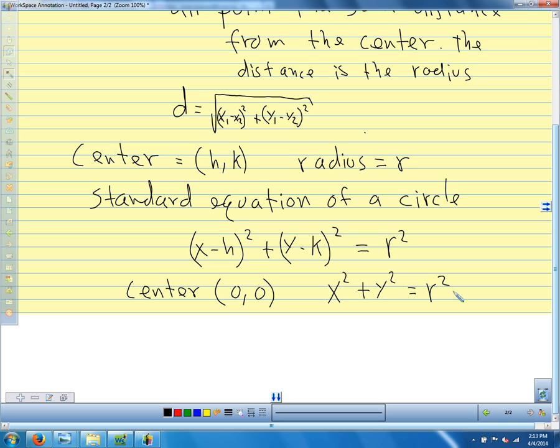We have this nice, easy formula if our center is at 0, 0. Is everybody good with our equation of a circle, how we're defining it, and the idea that it's a simple curve traced out on a cone?